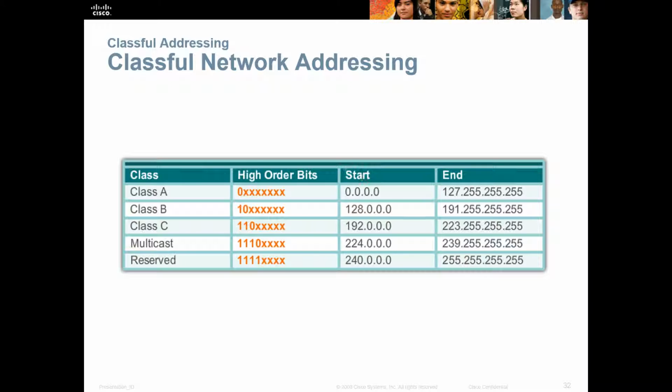That's because our class A is between 0 and 127, so the first bit can never be 1. The start bits for class B, same thing there, we'll always start with 10. For class C, always 110, and so forth. Our multicast will always start with 224.0.0.0 and give you that range. It will always start, in the first octet, with 1110, and the rest of it can be different.